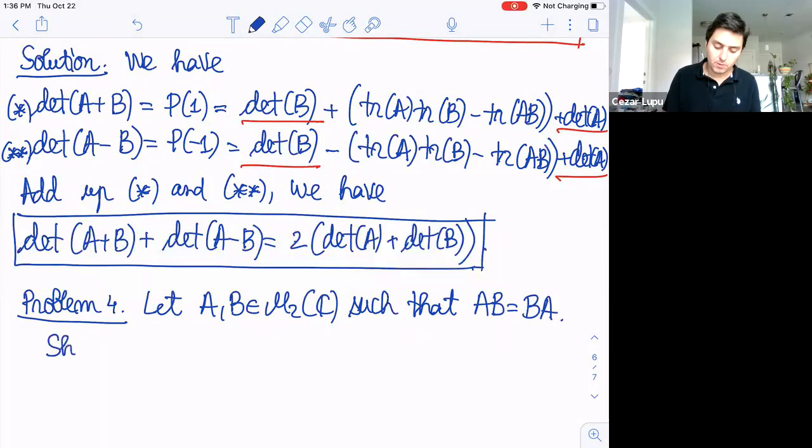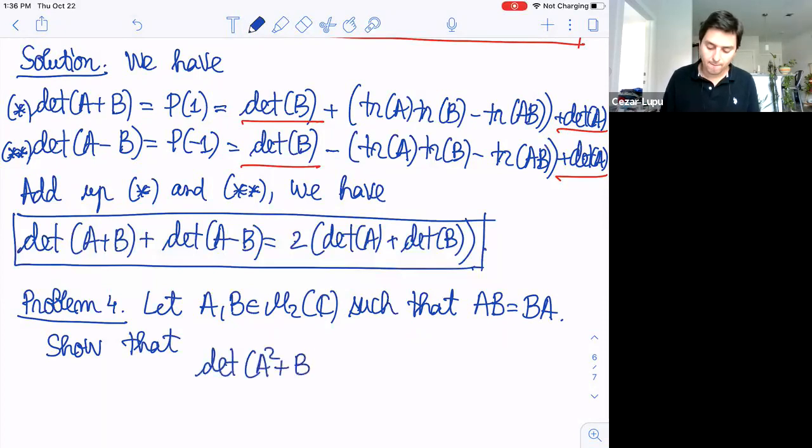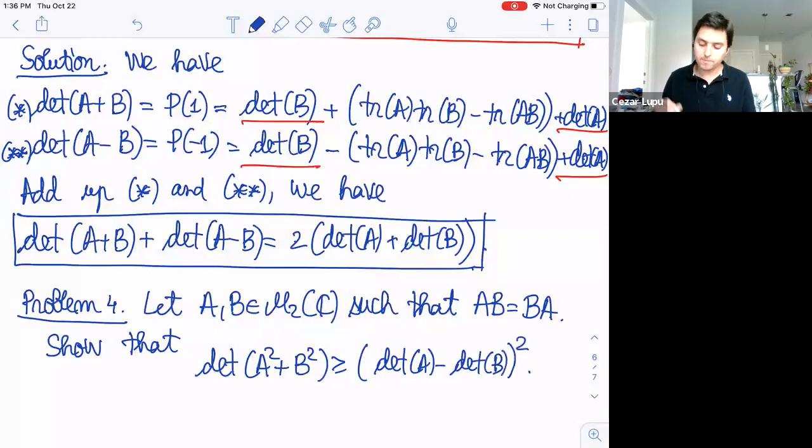So they commute. Show that the determinant of A squared plus B squared is greater or equal than the determinant of A minus the determinant of B, everything squared. All right.